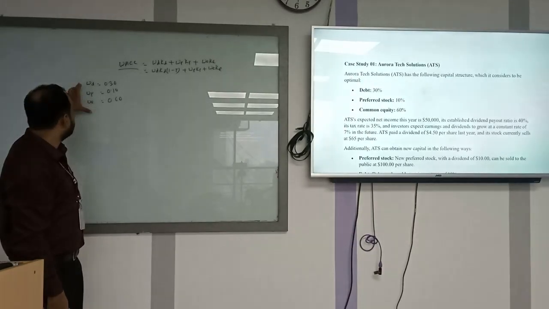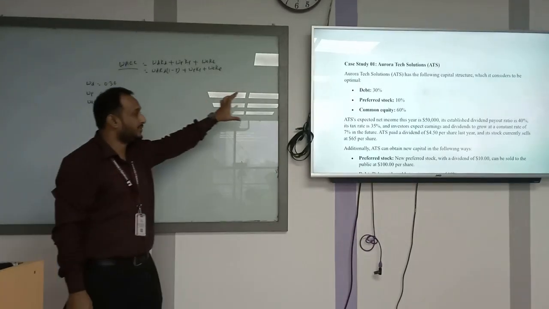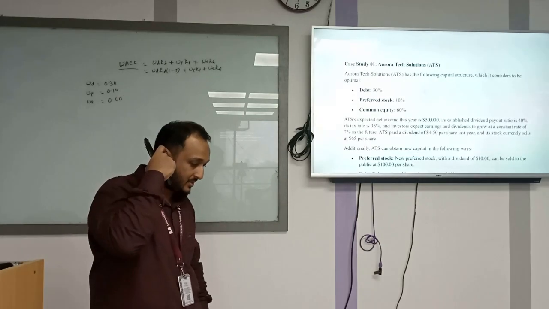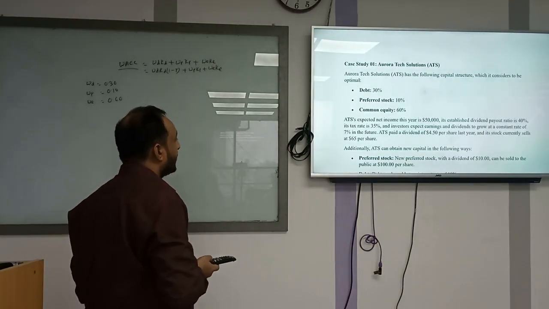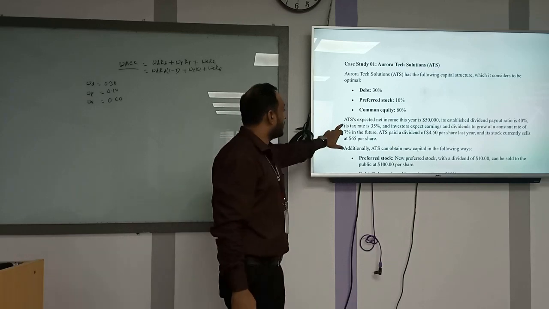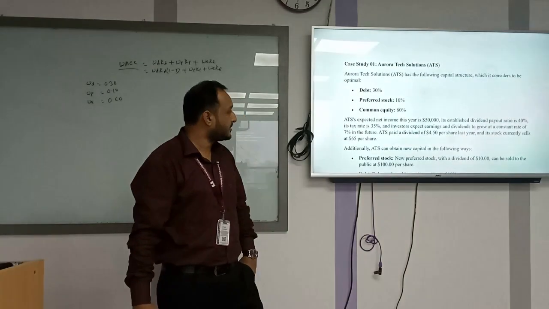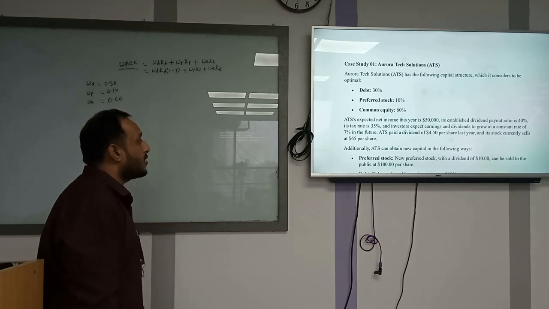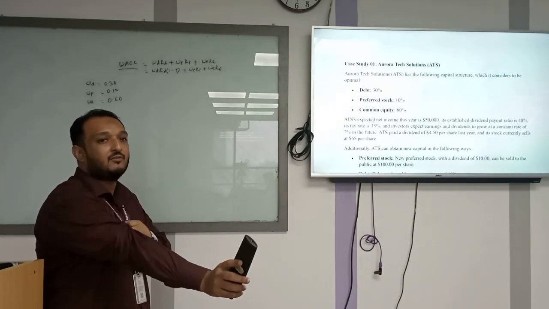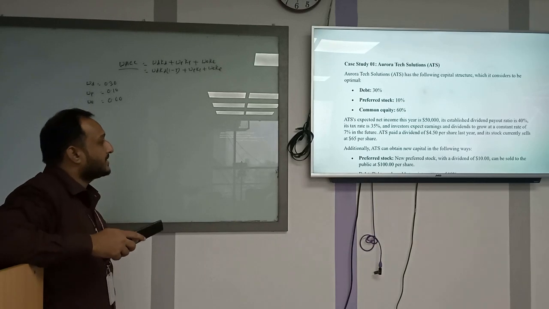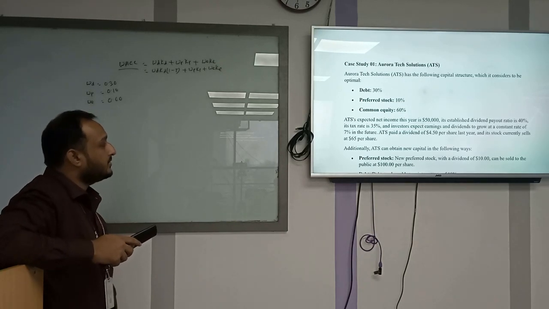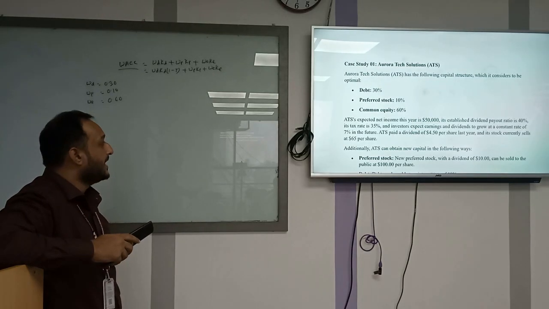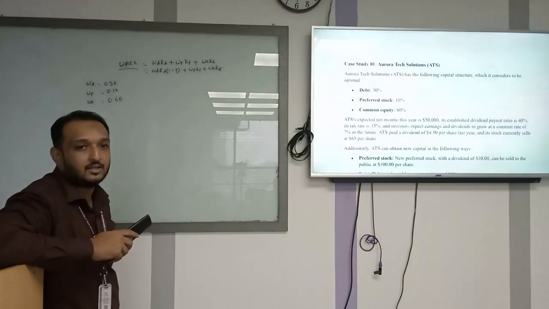So I already got the weight portion from the question directly. Okay, what else is given? Expected net income this year is 50,000. How much net income is expected? 50,000. Okay. Established dividend payout ratio is 40%. How much dividend is given? 40%. Tax rate is 35%.